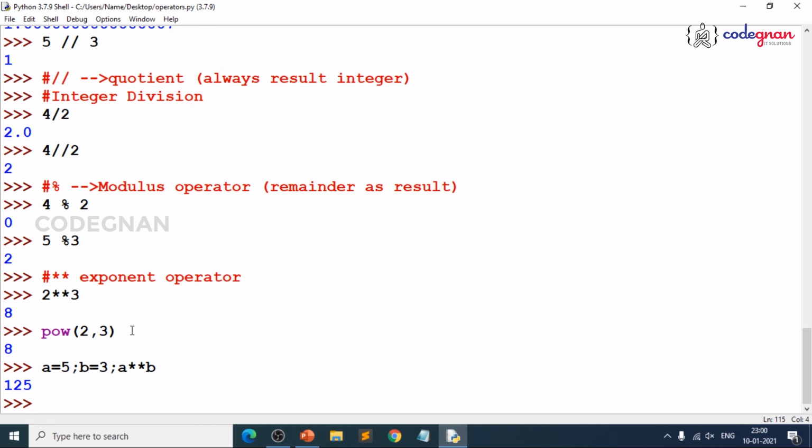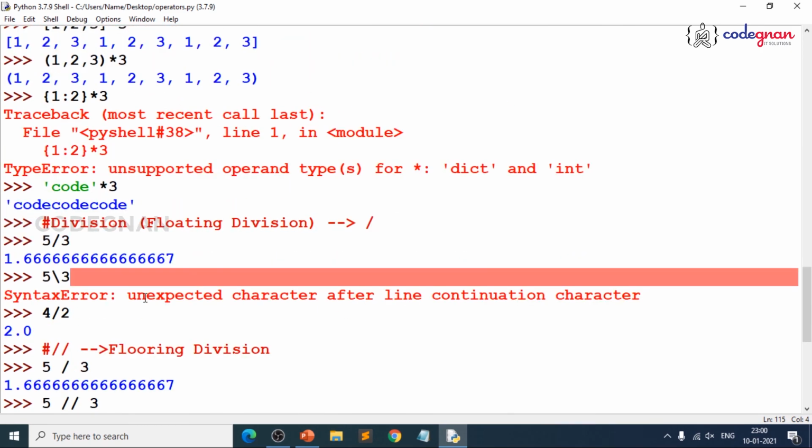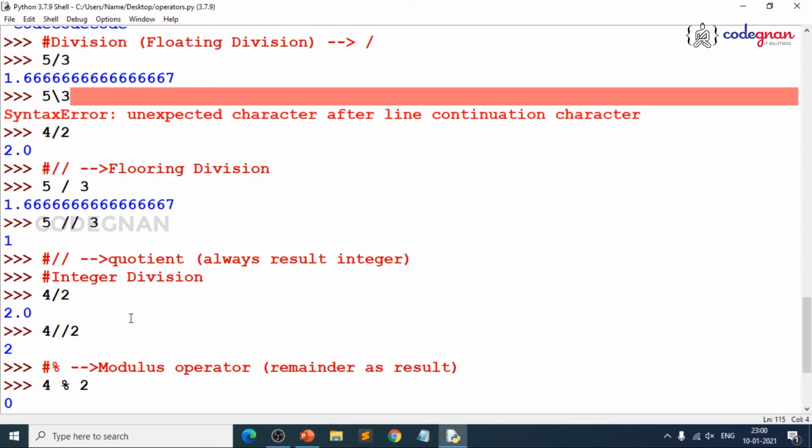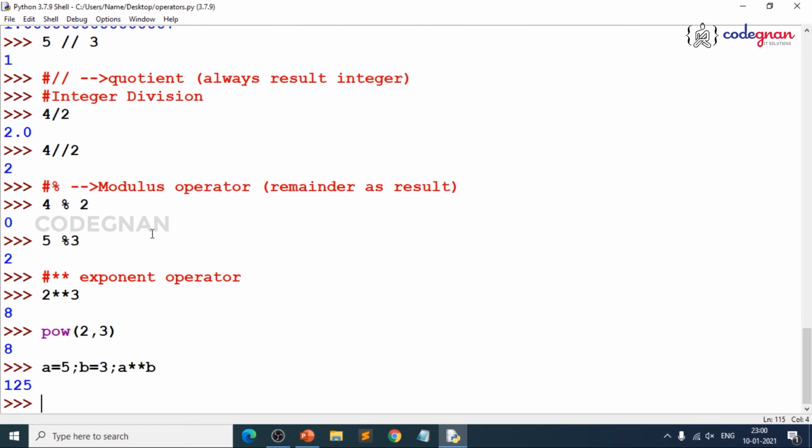So, these are the 7 arithmetic operators we have in Python. When I say arithmetic operators, everyone will say addition, subtraction, multiplication, division. But the extra 3 which make Python very unique are flooring division, where you get the result as only an integer, also called floor division or integer division, and modulus, where you only take the remainder.